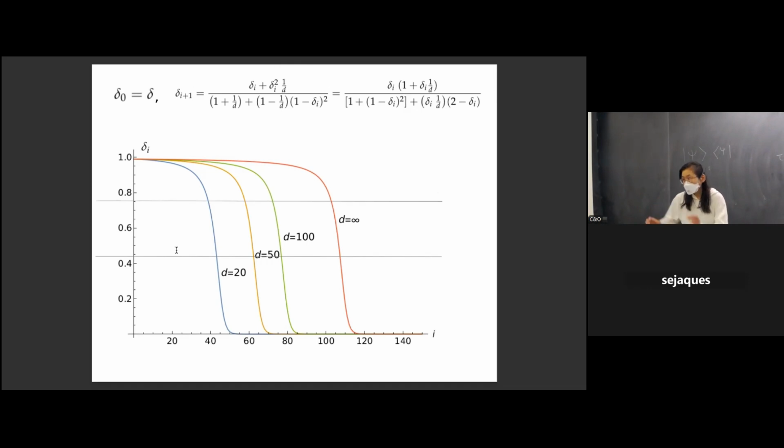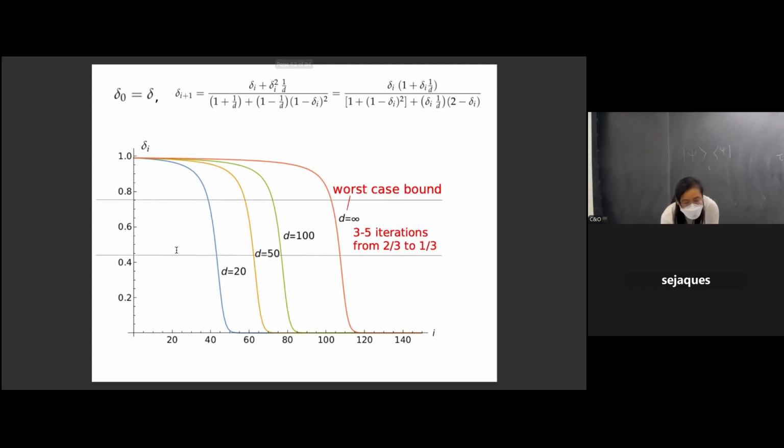There are 3 regions in these plots. These gray lines can be set anywhere within some wiggle room. I have chosen some values here that do not correspond to what I said earlier, because we have changed where these thresholds are a little bit throughout the project. Suppose I set this at 2/3 and 1/3.